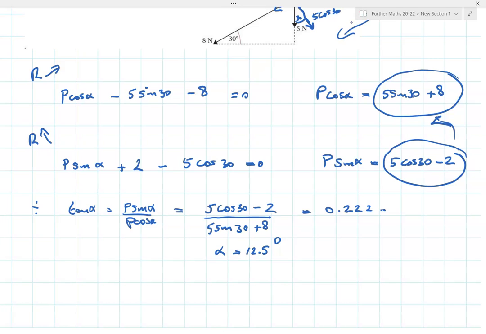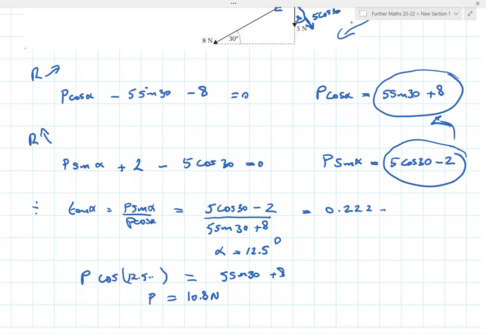We can say that P cos 12.5, remember, I'm using exact values here, or stored values rather than the rounded values, equals 5 sine 30 plus 8. And if I work that out, that gives me P is equal to 10.8 newtons.